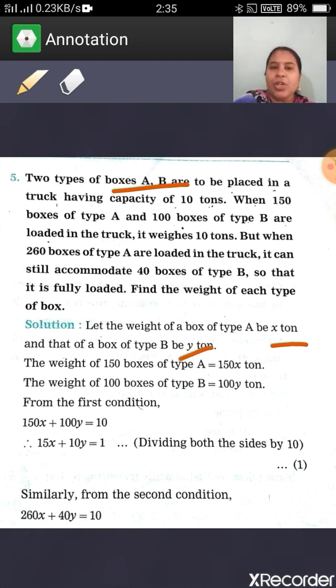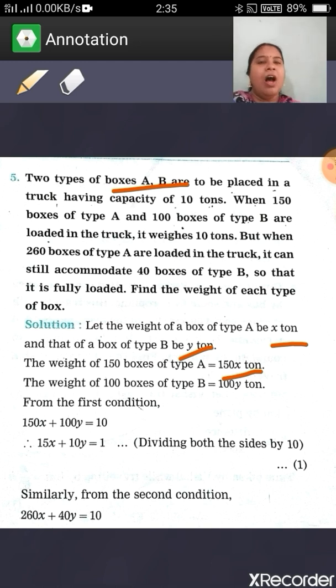Okay, so if one box weighs X ton, how many boxes are packed here? When 150 boxes of type A. So if one box the weight is X, 150 boxes will weigh 150x ton. I hope you are understanding it. Same way, how many boxes of type B?